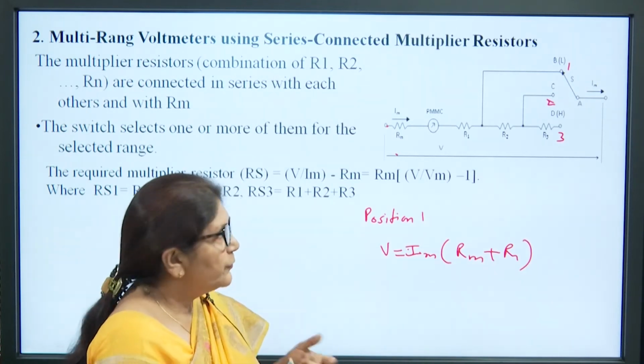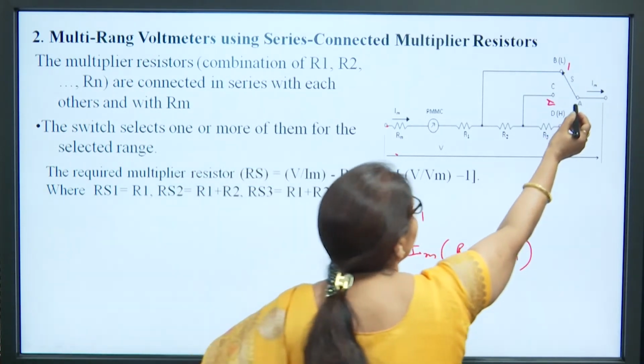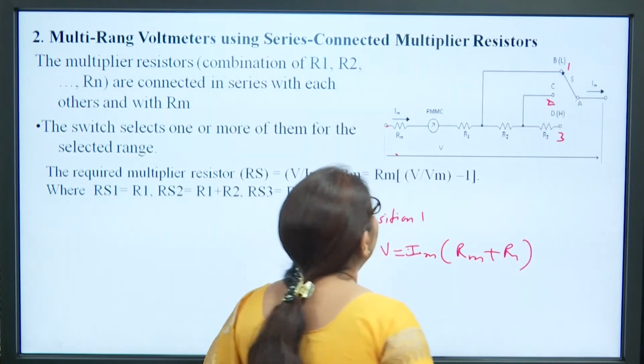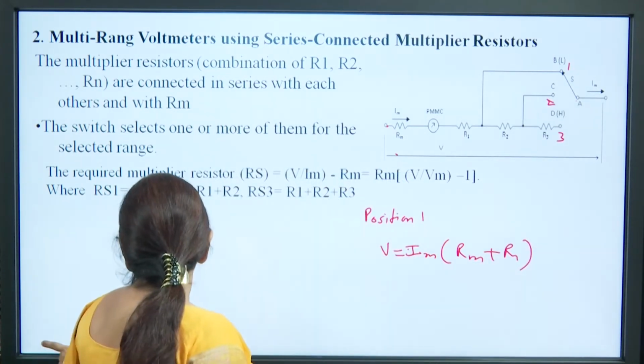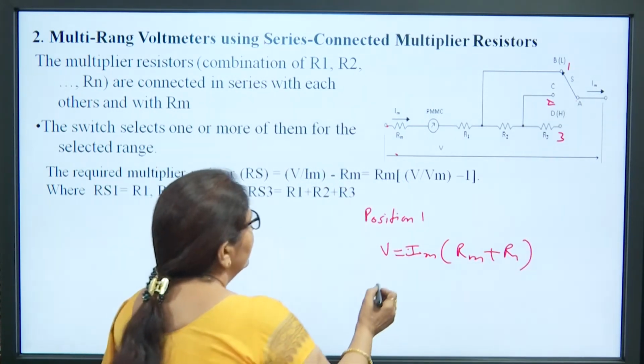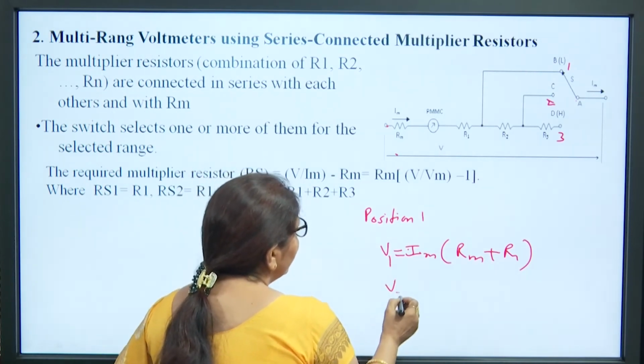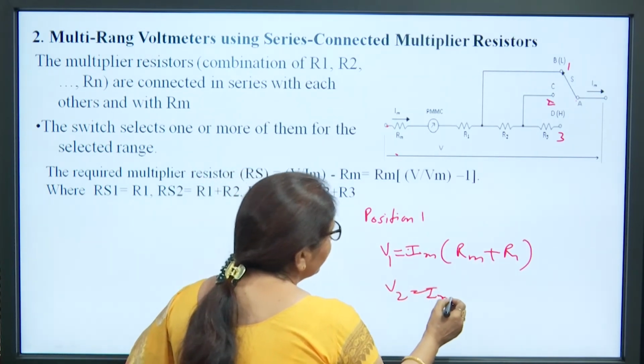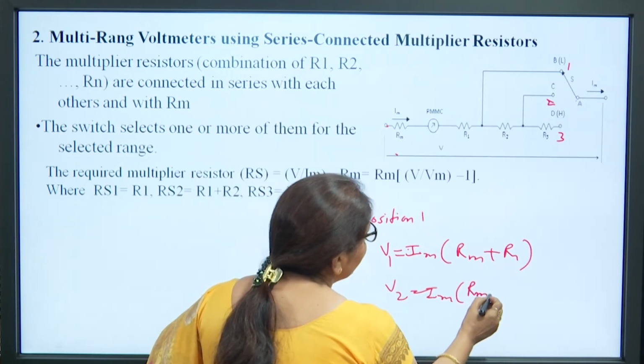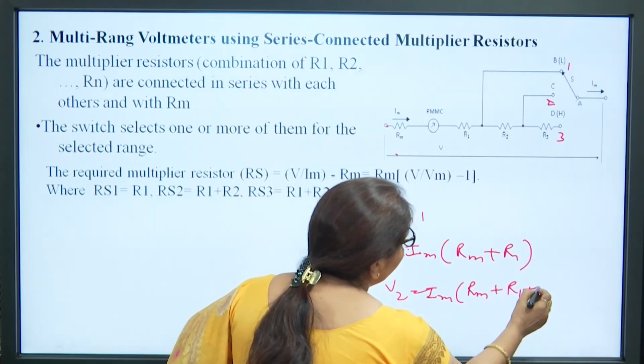Again, if we want to measure more voltage, we put the switch at the second position, and at that time the voltage V2 will be Im into (Rm plus R1 plus R2).